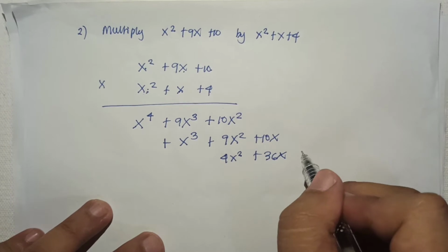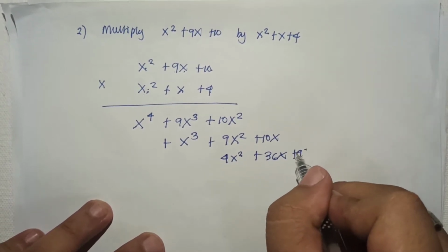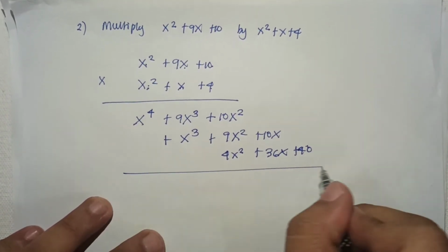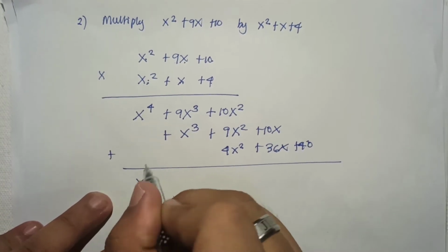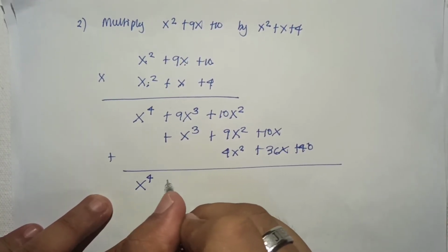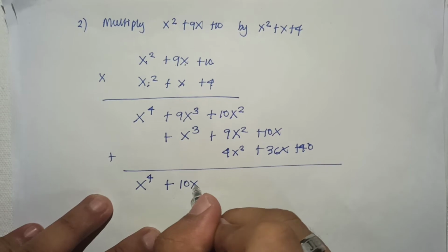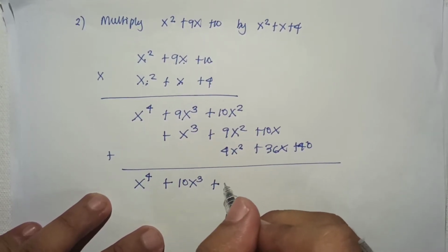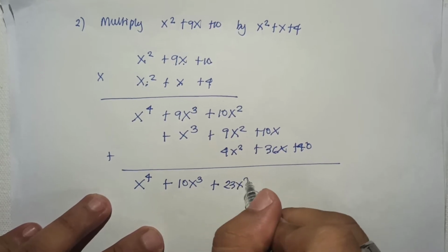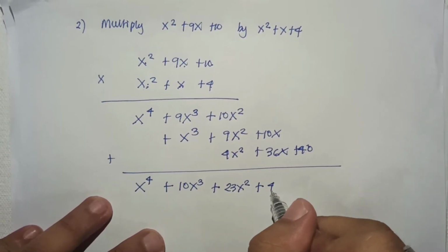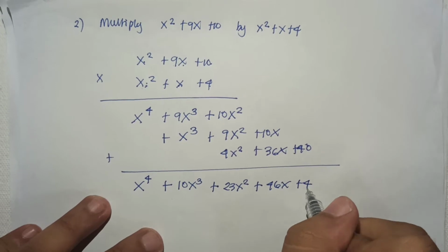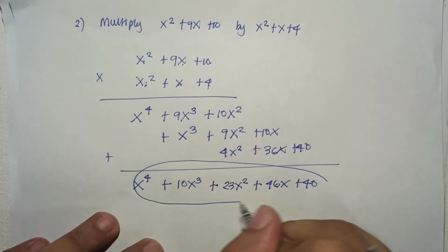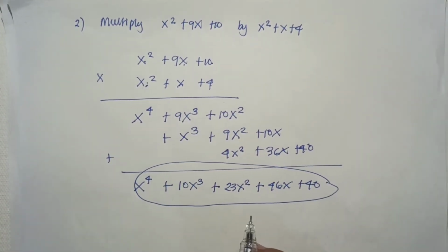And 4 times 10 is equal to 40. So you're going to add, aligning: x raised to 4 plus 10x cubed plus 10 plus 9 plus 4, that is 23x squared, plus 46x plus 40. So this is the result when you multiply.